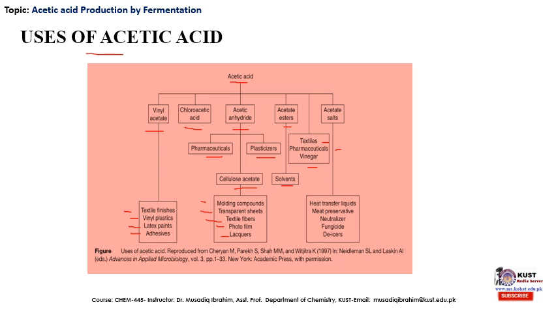Now the acetate salts, which are formed by the reaction of acetic acid with a base, are used in heat transfer liquids, as a meat preservative, also as a neutralizer, fungicide, and for the purpose of de-icing.